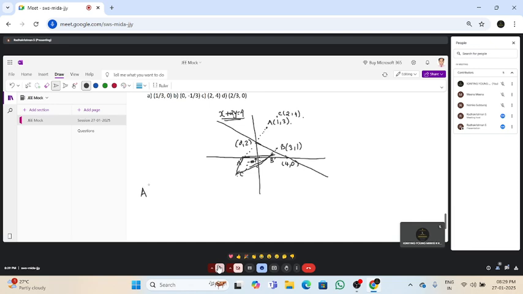A hash equal to, let us say, x comma y. Then this line is... A hash is x comma y. So what is the formula for x and y?